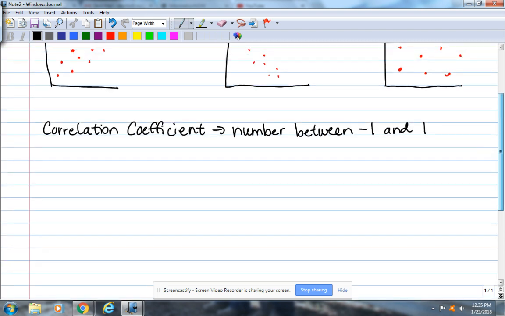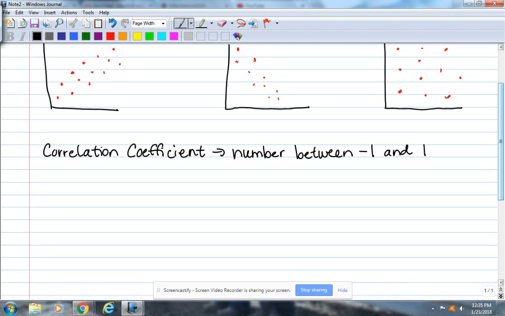So the closer the number is to -1, that means we have a negative correlation going on with our scatter plot, and it's a very strong linear correlation, meaning that the data is getting very close to looking like a straight line. Likewise, if our correlation coefficient is +1, then we have a strong positive correlation, meaning that the direction of the scatter plot is going in a positive direction.